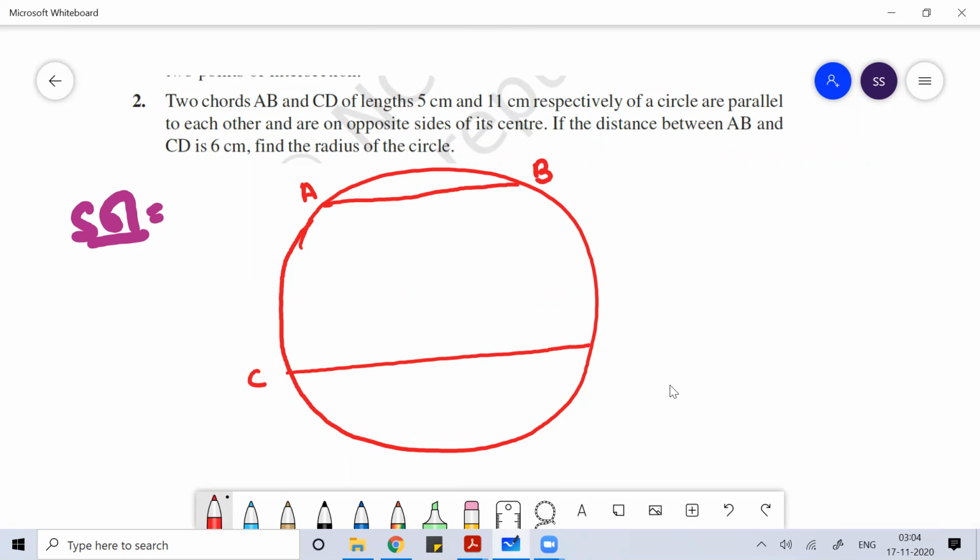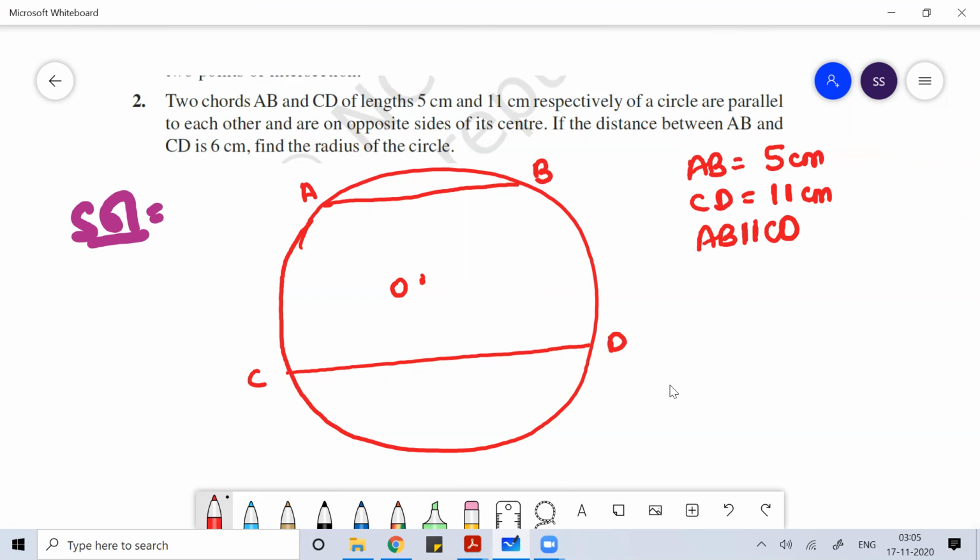The chord which has the bigger length will be closer to the center. Suppose the center is O. Here AB is 5 centimeter and CD is 11 centimeter, AB is parallel to CD, and they are on opposite sides of the center.